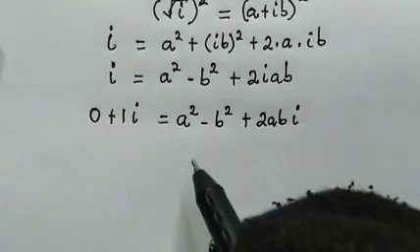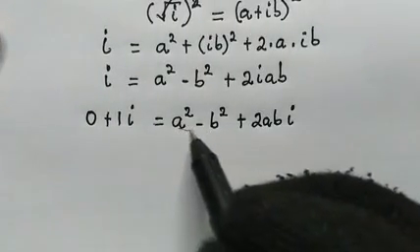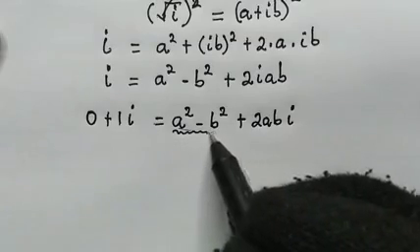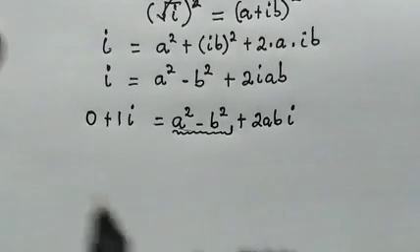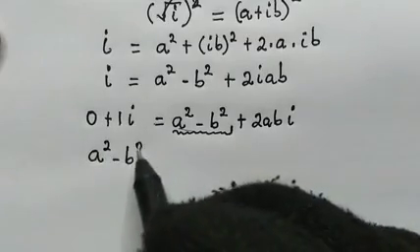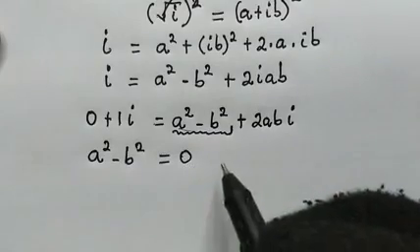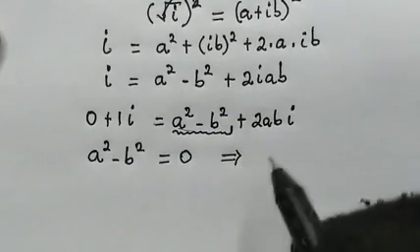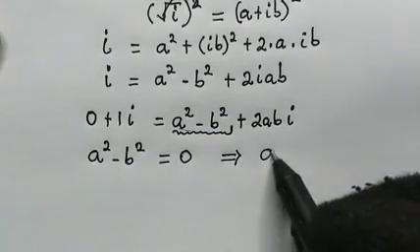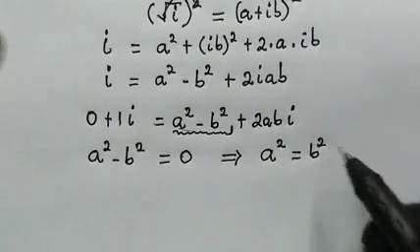So from here, we're going to compare. Here we have the real part, which is a squared minus b squared. So we compare as follows. A squared minus b squared is equal to the real part here, which is 0. So this implies that if you add b squared to both sides, a squared is equal to b squared.